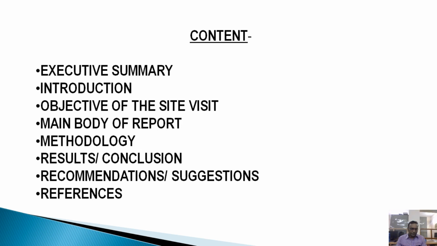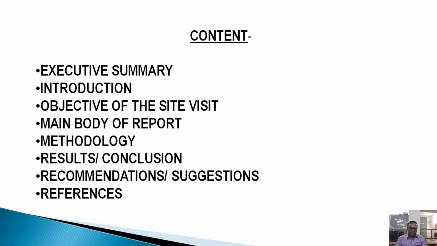Methodology: how did you perform? How did you go there? What methodology did you adopt to gain experience at that particular site? Results and conclusions: what did you learn? What was your observation? Whatever you want to take from that particular site visit should be mentioned in the results and conclusion.